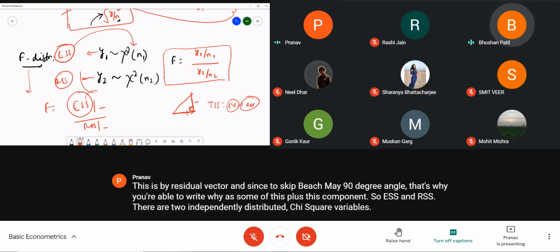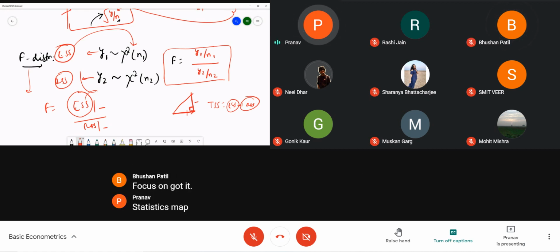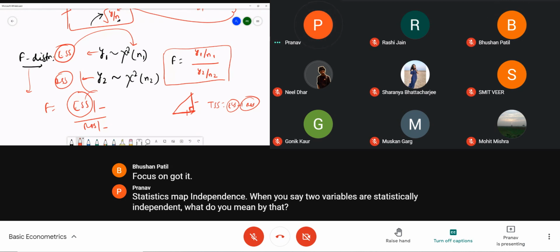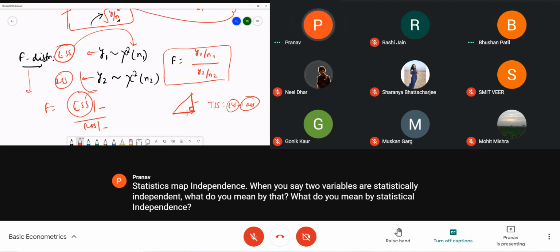Okay, sir. Got it. Statistics में आप independence कैसे बोलते हो? When you say two variables are statistically independent, what do you mean by that? What do we mean by statistical independence? Anyone?